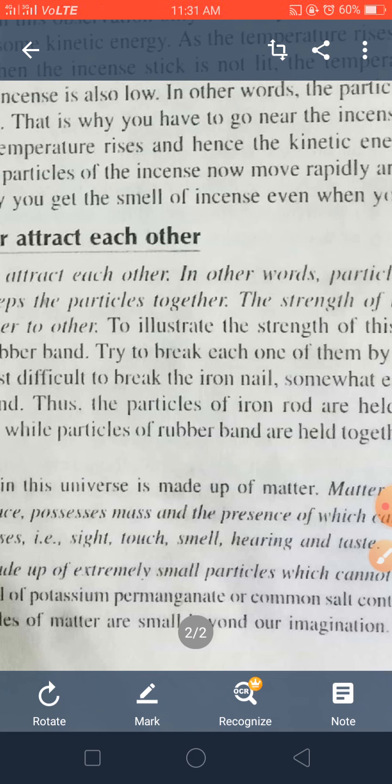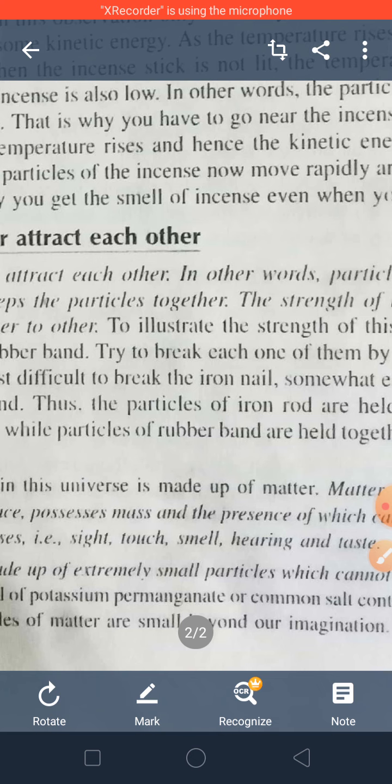Similarly, once you increase the temperature of a substance, say for example, if you take a piece or a block of ice, you can see that the particles do not move to that extent as happens in liquid water. Once you start heating the block of ice, you observe that it melts and changes into the liquid water state.